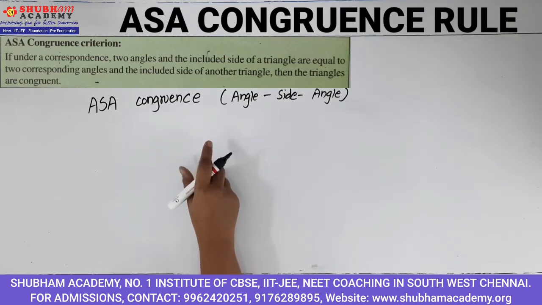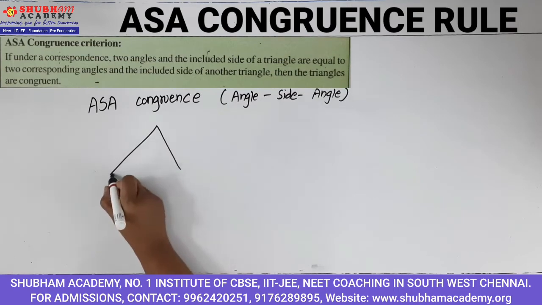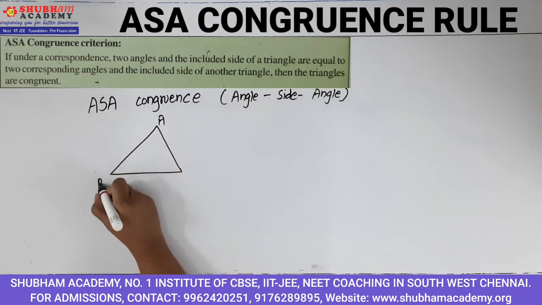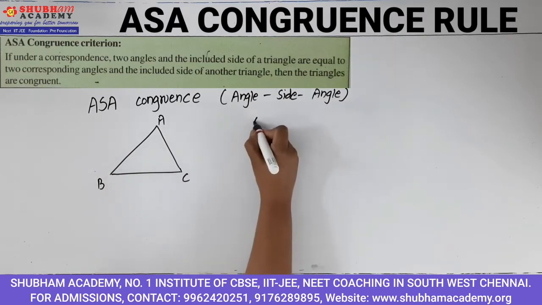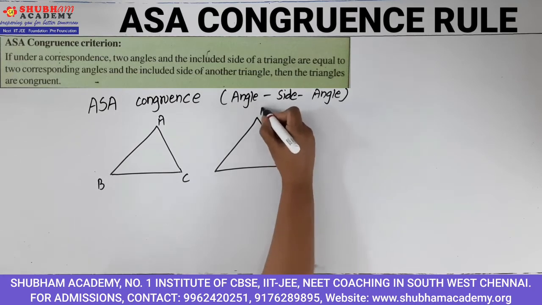Suppose we are taking two triangles, say ABC and triangle DEF. Because for congruence we always need to compare two triangles.